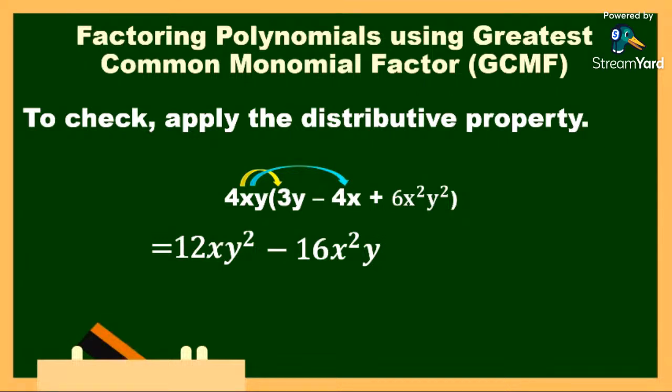Then, i-multiply na naman natin ang GCMF natin na 4xy doon sa ating last term ng resulting quotient, which is 6x squared y squared. So, 4xy times 6x squared y squared equals to positive 24x cubed y cubed. And the result is correct.